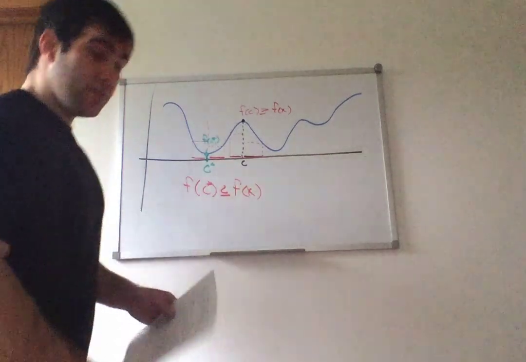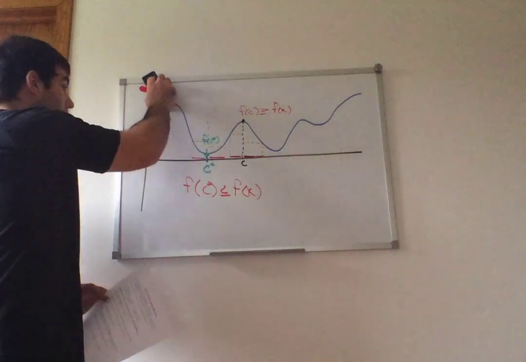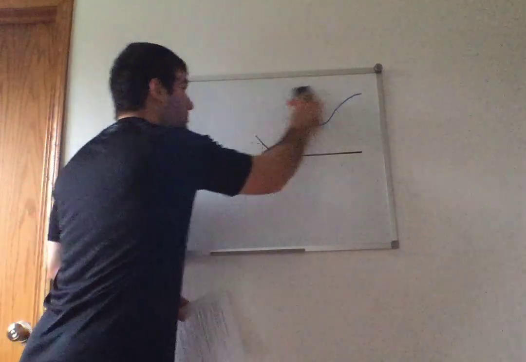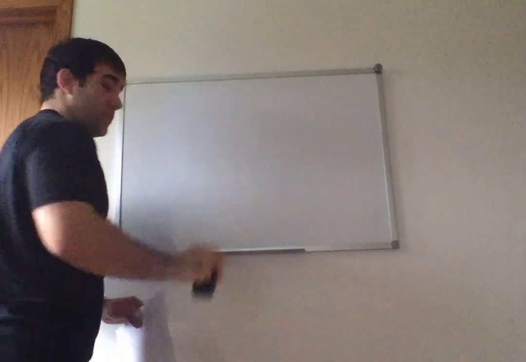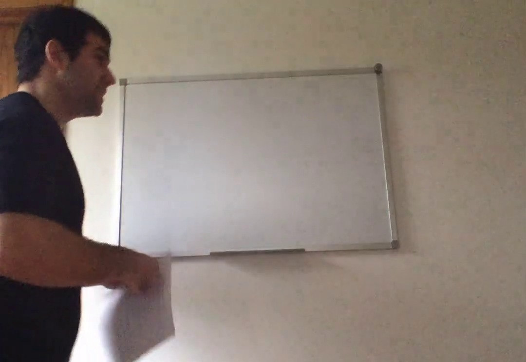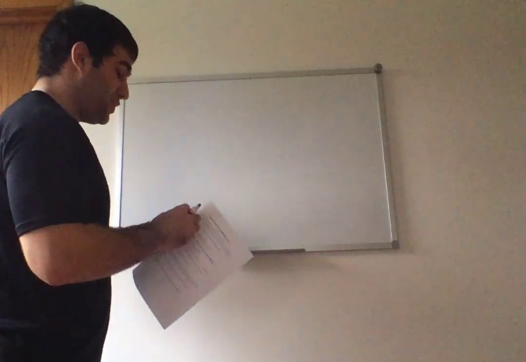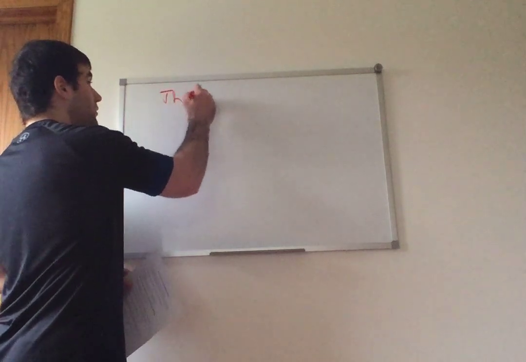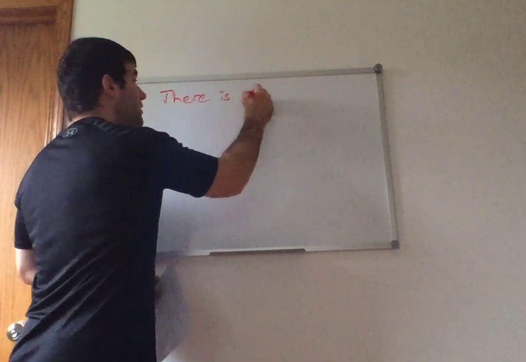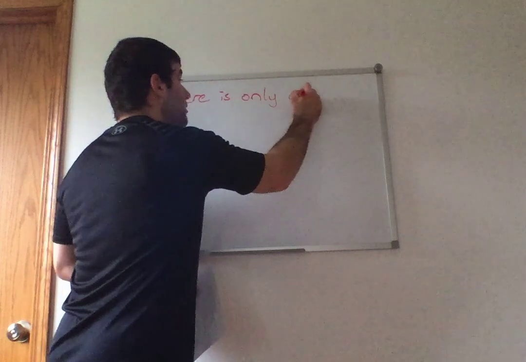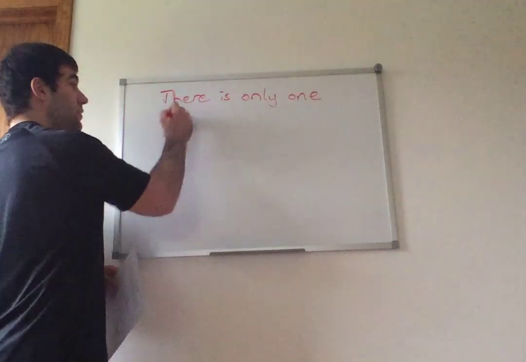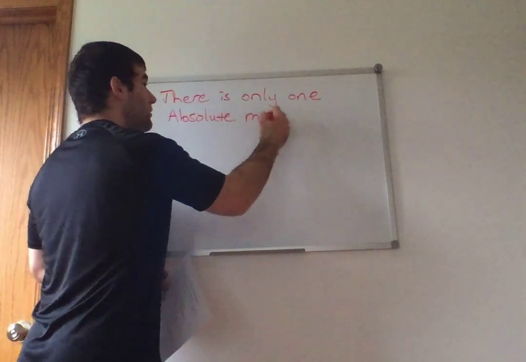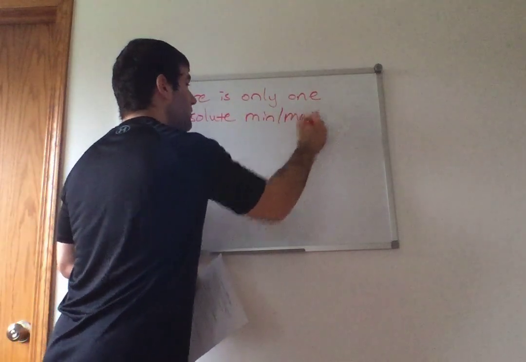So now just another little note. When we're finding local mins and local maxes, and absolute mins and absolute maxes, there is only one absolute min slash max.